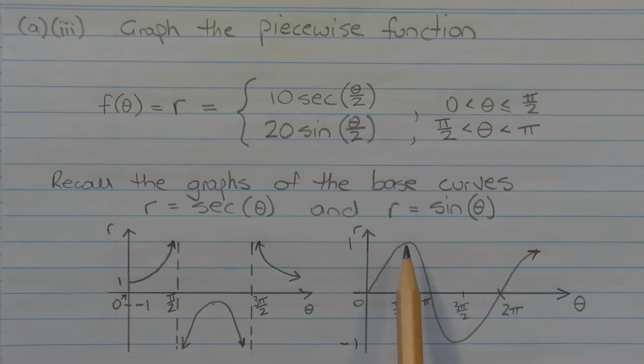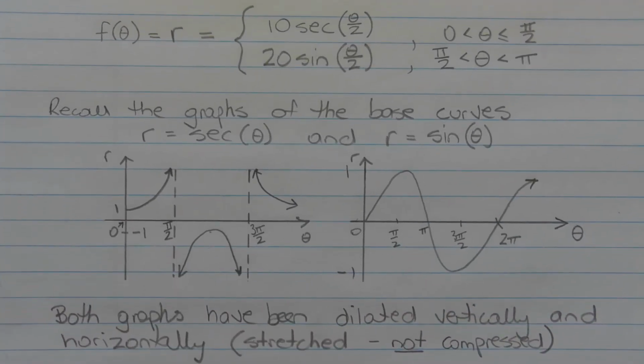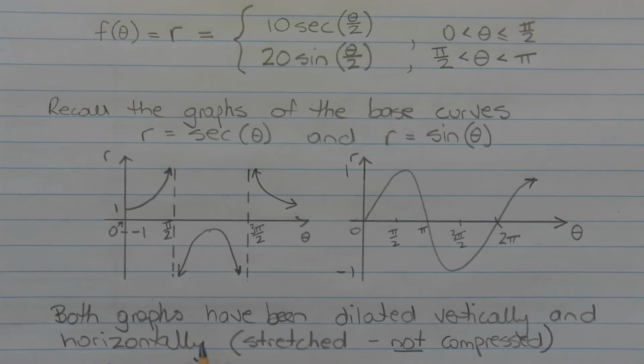Notice the peak here at +1 when theta is equal to pi over 2, and the minimum value here, or the trough, of -1 when theta is equal to 3 pi over 2. Now, both graphs have been dilated vertically and horizontally, stretched, not compressed.